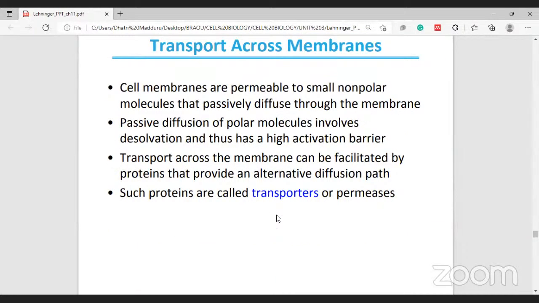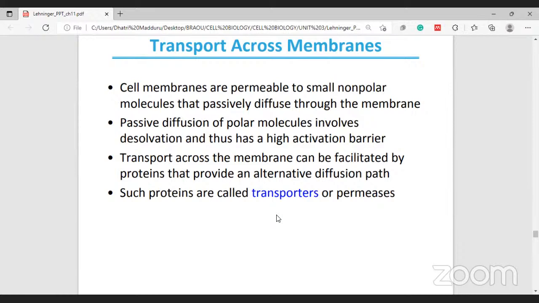Now we have another very important topic, transport across membranes. So how does transportation across membranes take place? The cell membranes are permeable to only small non-polar molecules, which can passively diffuse. That means they don't require any energy or assisted transportation.